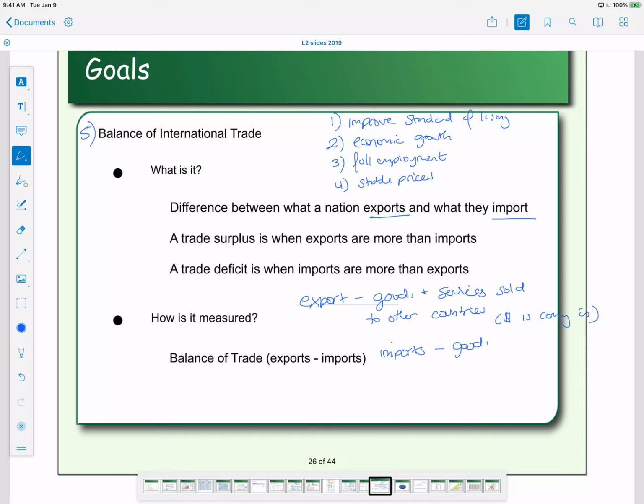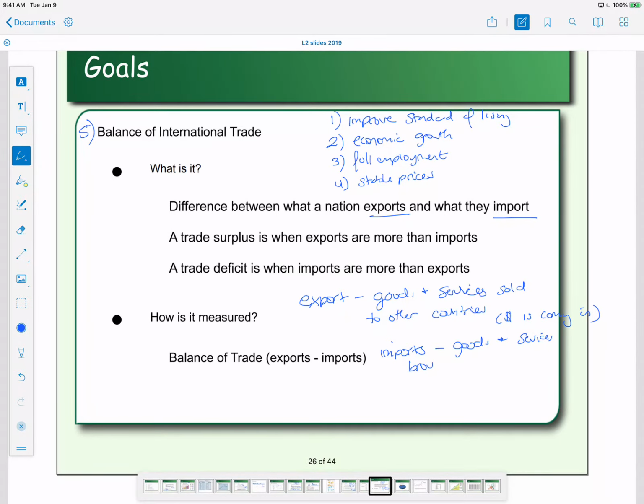Imports are where the goods and services are made by people in other countries and they're brought in to our country. So in that case, the goods and services are coming in and our money is going out.